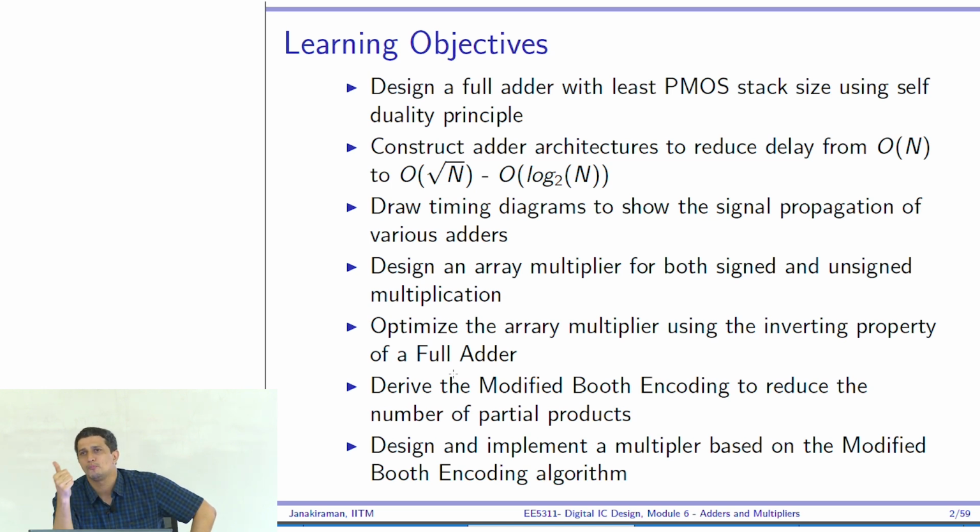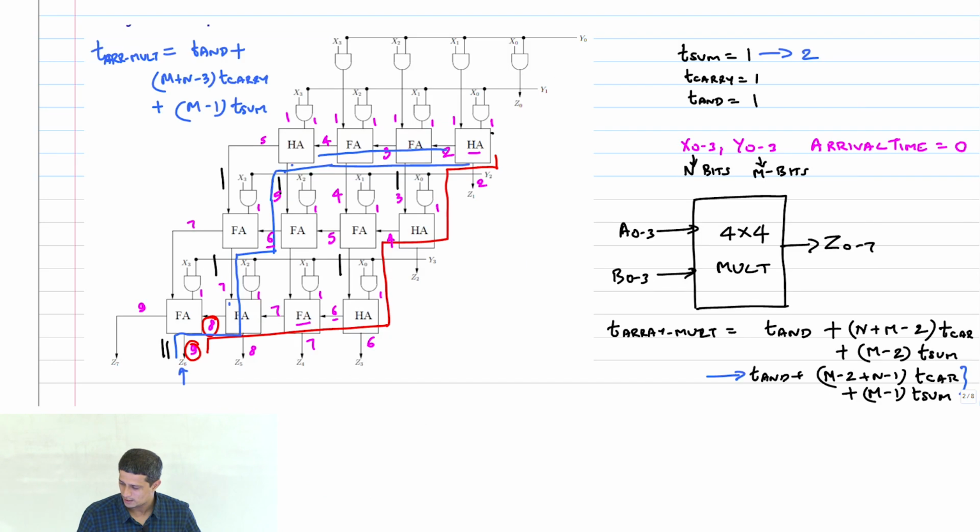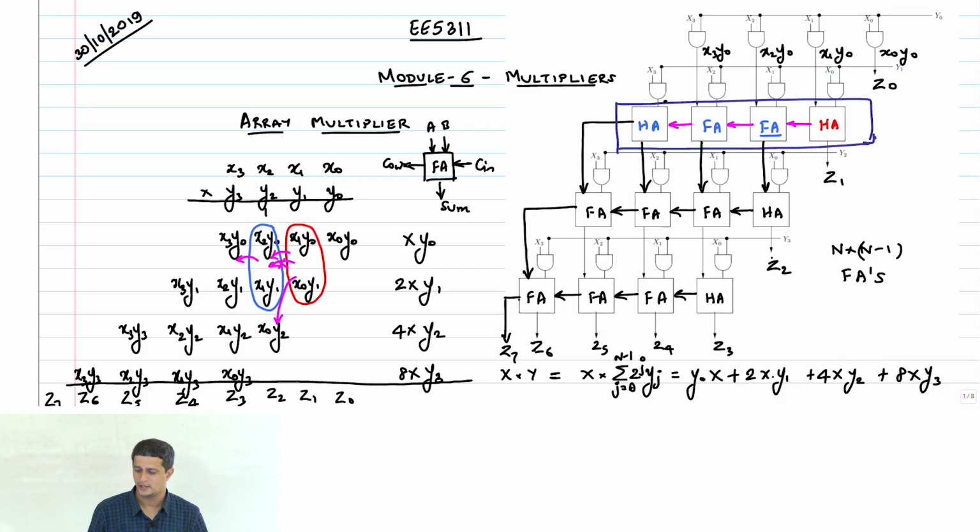Right now, if I have n bits, n cross n multiplication, then I have n partial products to add. If you look at the partial product in the multiplication here, if any bit y0, y1, y2 or y3 is 0, then the partial product also is 0.